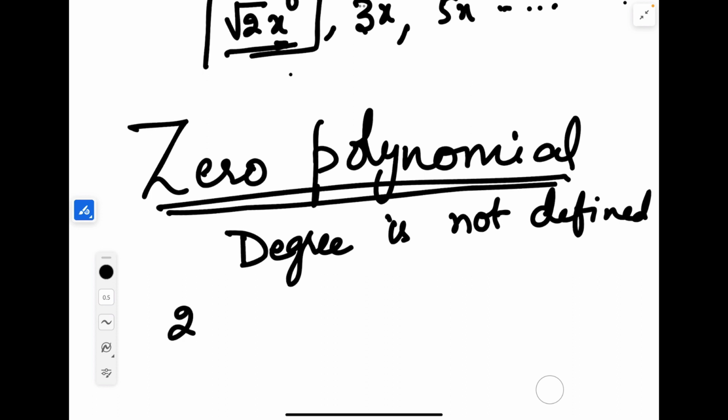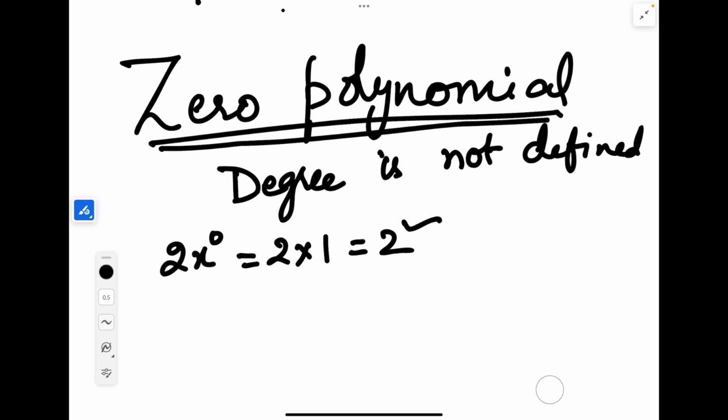Without changing this number 2, I can write 2 into x to the power of 0, right? The number will not change, because 2 into x to the power of 0 is 2 into 1, so 2 only will come. Whatever number you take, multiply it with x to the power of 0, you will get the same number back. If it is 0 polynomial, I will take the number 0.